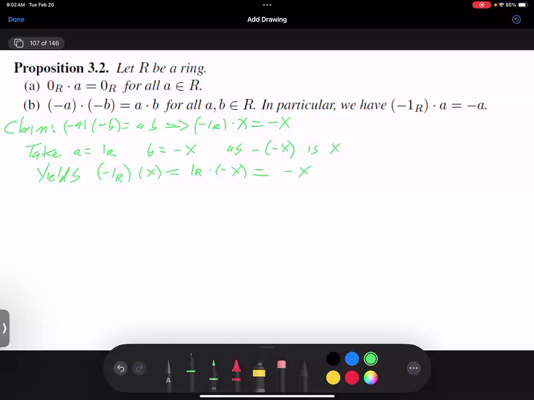It can be a little bit confusing because when you're using this, you would actually be taking A to be the identity element 1, and you'd be taking B to be negative A. That's why I switched, rather than using A again on the right, to X, to make it, I think, a little bit easier to follow. Any questions about this? So this is how we handle the in particular.